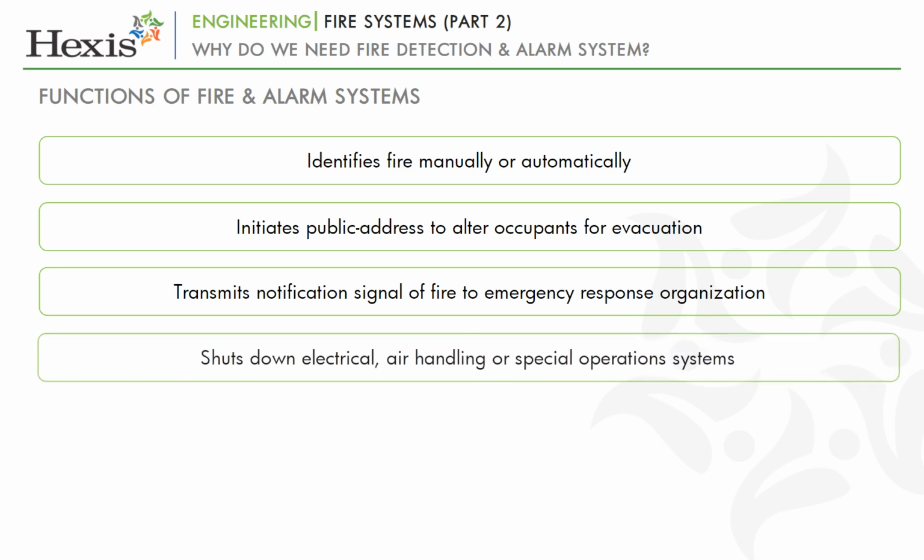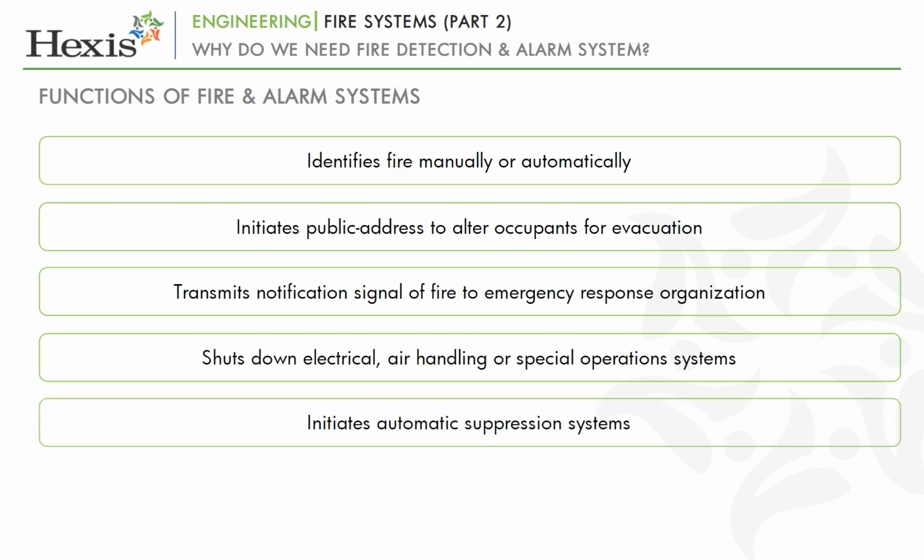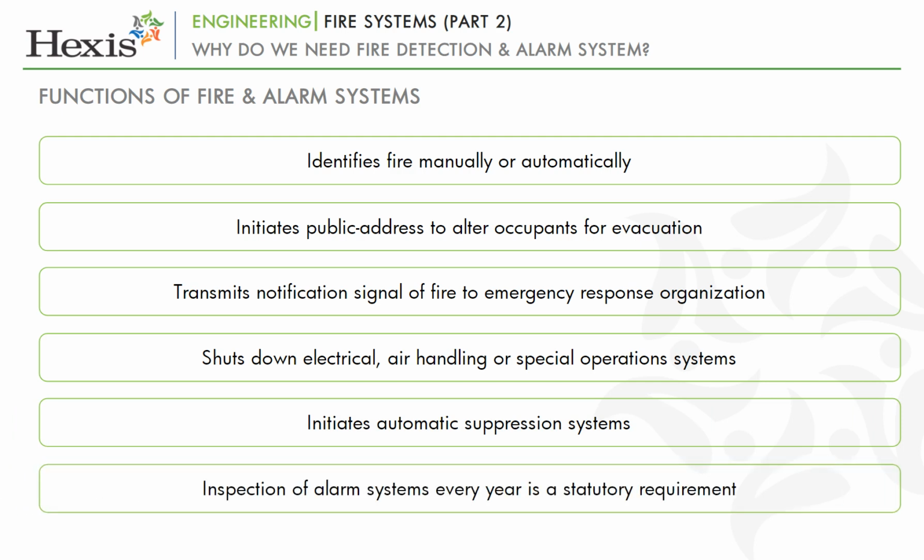They may also shut down electrical, air handling equipment or special process operations like card access, production machines, etc. They can also be used to initiate automatic suppression systems. It is an important part of the statutory requirement from the local government authority to have such a system inspected on a yearly basis by a fire officer or an authorized agency.